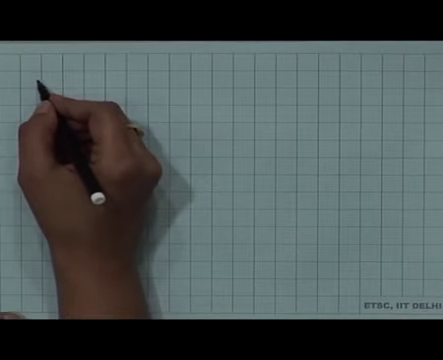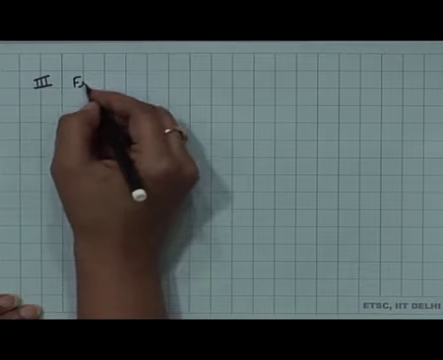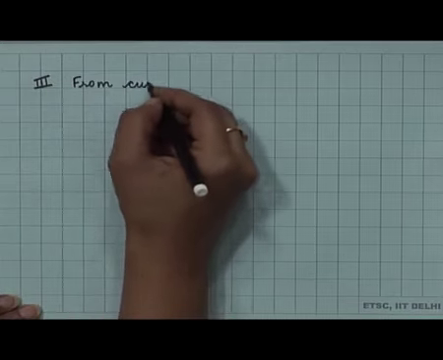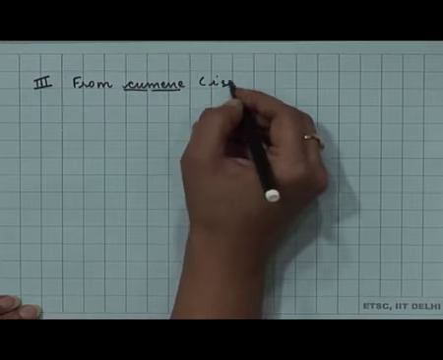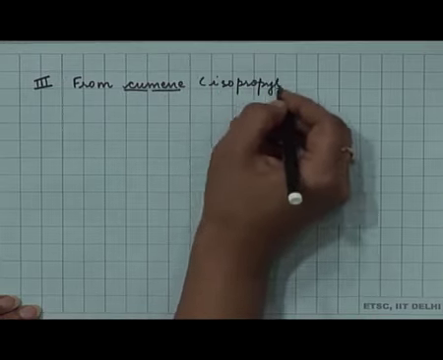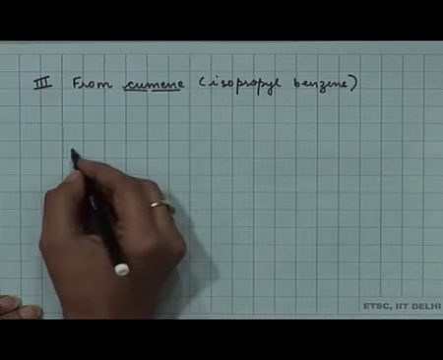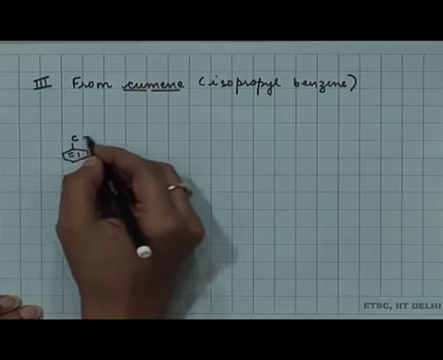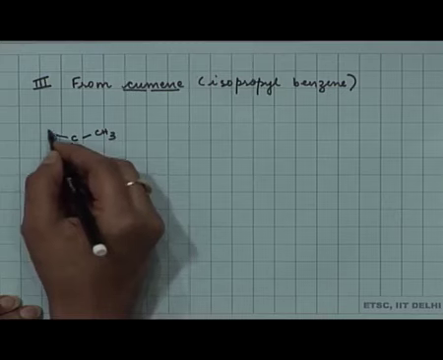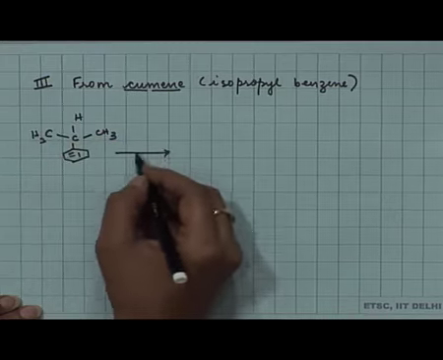Another method for the industrial preparation of phenol is starting from cumene. Cumene is also known as isopropyl benzene. So, we start from isopropyl benzene or cumene and treat it with air.